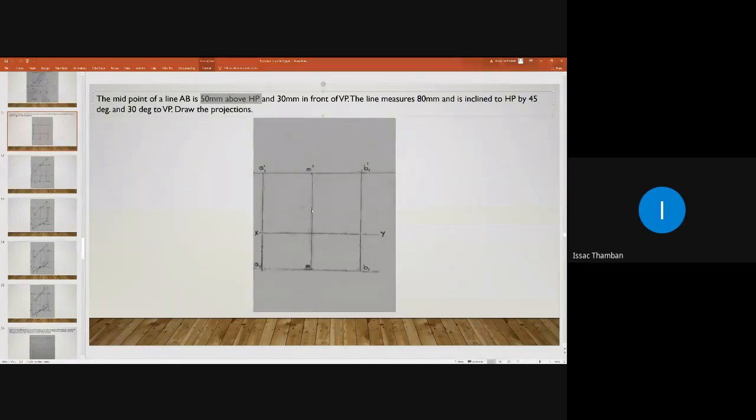This distance must be 50 mm. Similarly, here, after leaving 30 mm, you mark point small m. Here, M dash is the elevation and M is the plan. This distance must be 30 mm. It is given in the question.